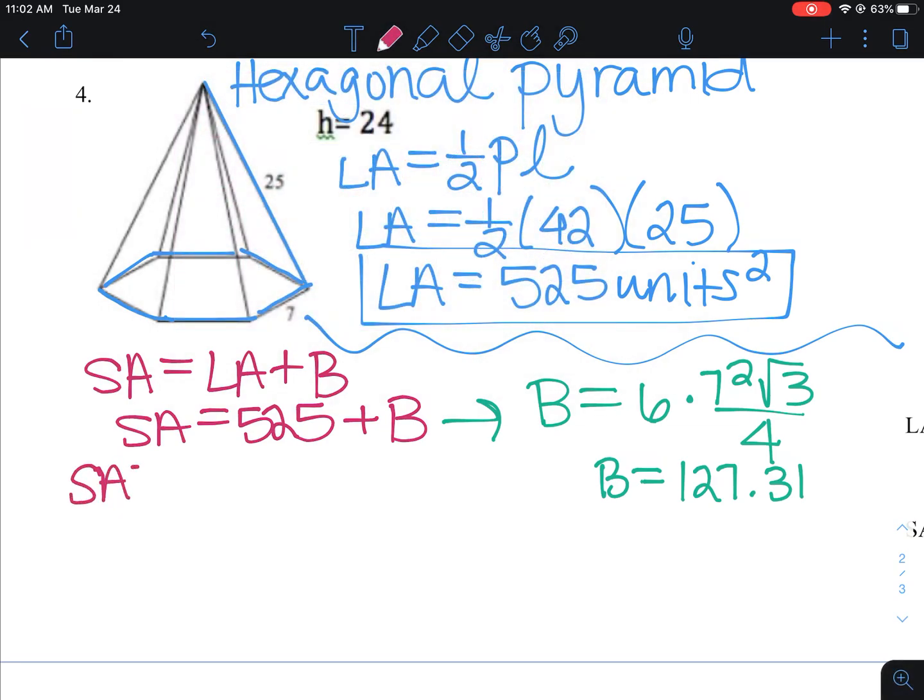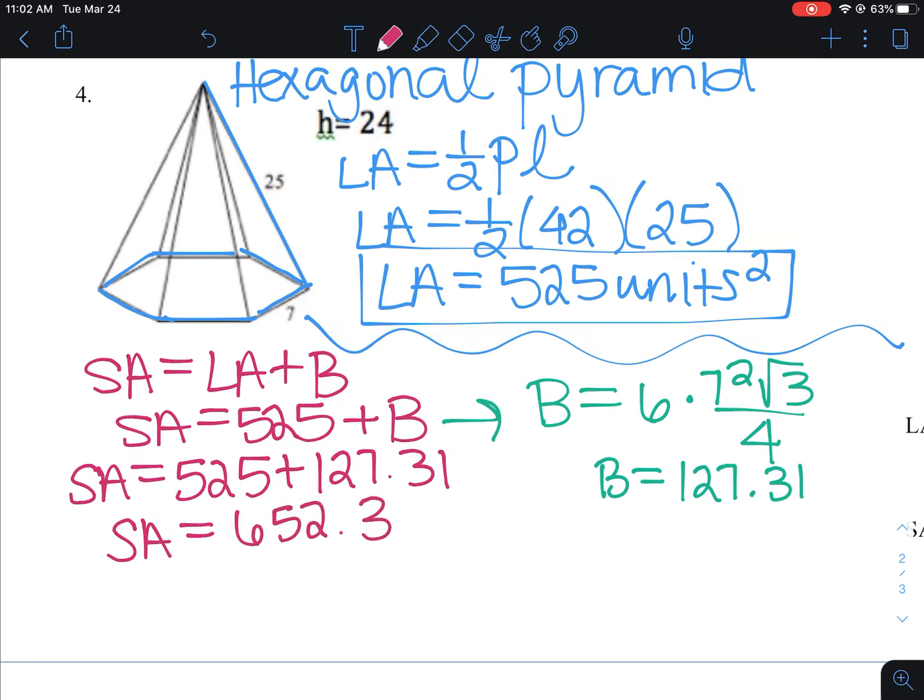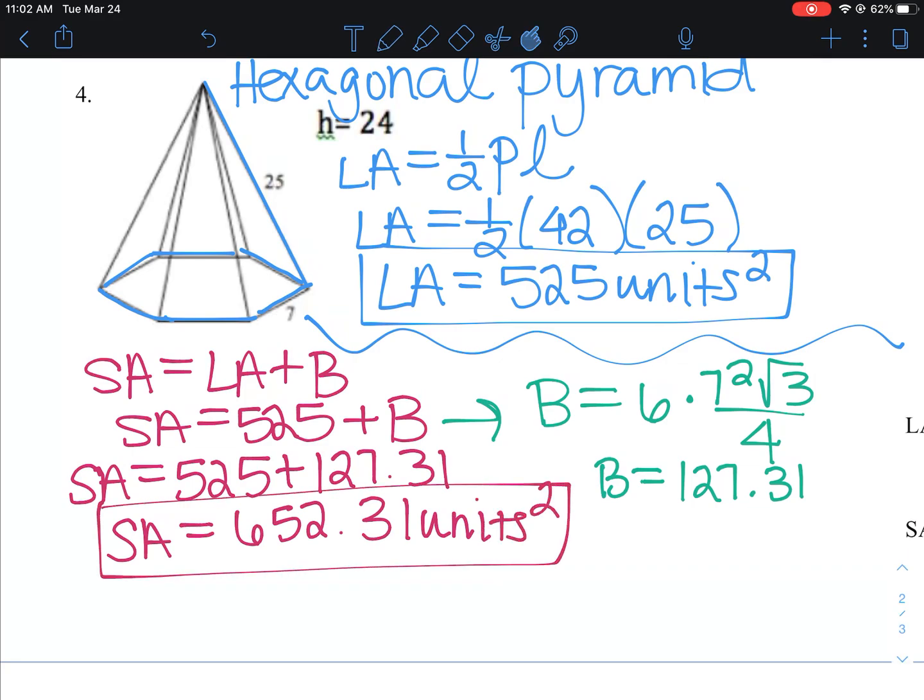So now we know the surface area is 525 plus that area of the base we just found, 127.31. So 525 plus 127.31 would be 652.31. Again, we don't have units, so units squared.